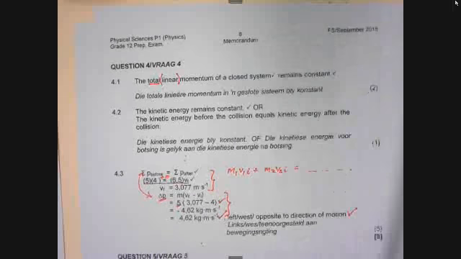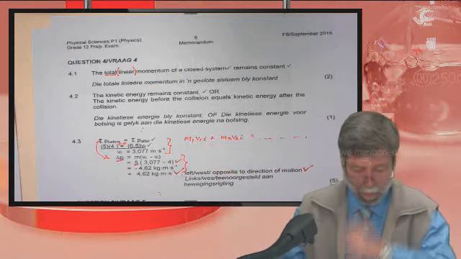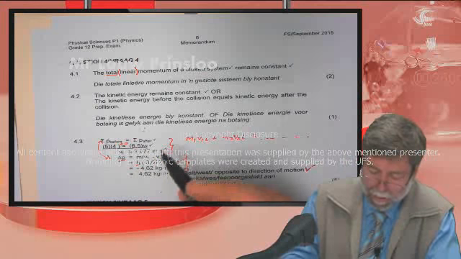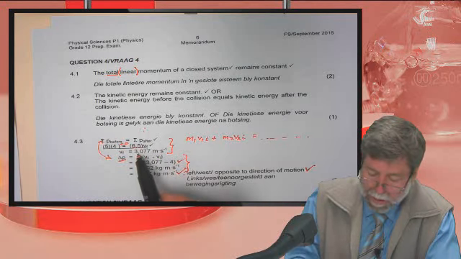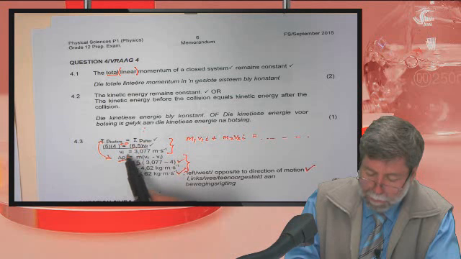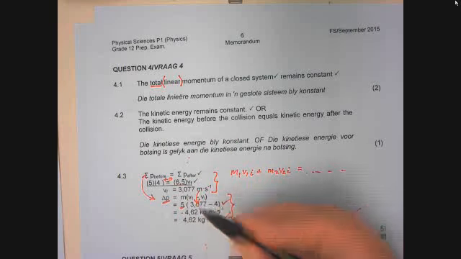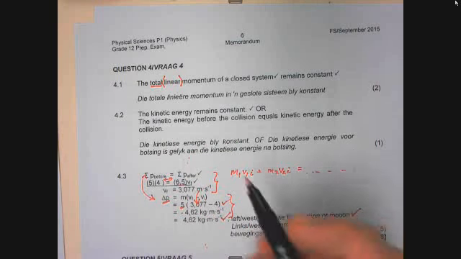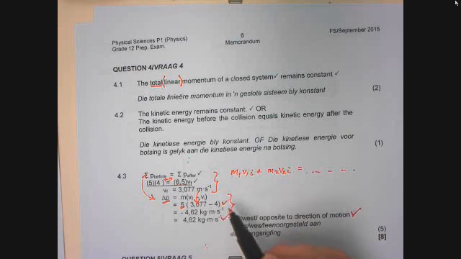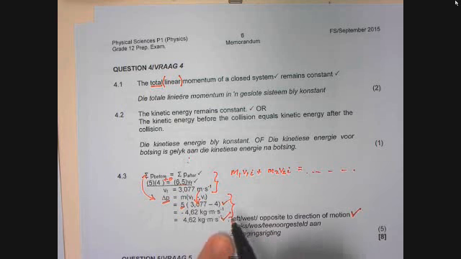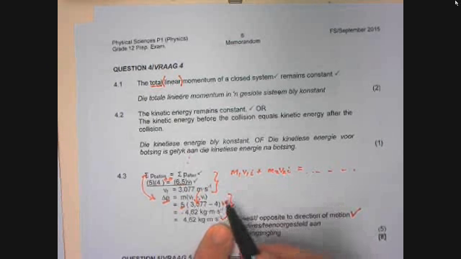Then, just on question 4.3, if the learner has calculated this velocity incorrectly, but he has substituted the incorrect value correctly, he will get the mark for the substitution. Although his final answer is going to be wrong, you can still award a mark for substitution.